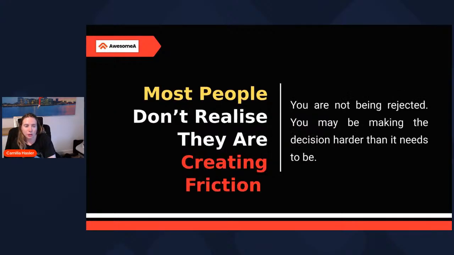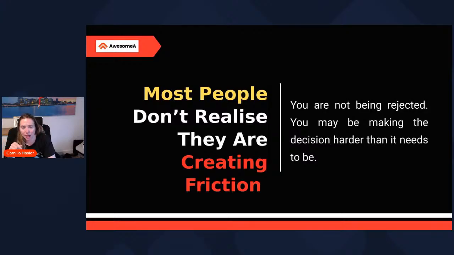And most people don't realize that they're actually creating some kind of friction. People are not being rejected, but they are essentially creating a moment in the decision that is leading to resistance or difficulty for your buyer that they can't move through. So they're getting stuck.